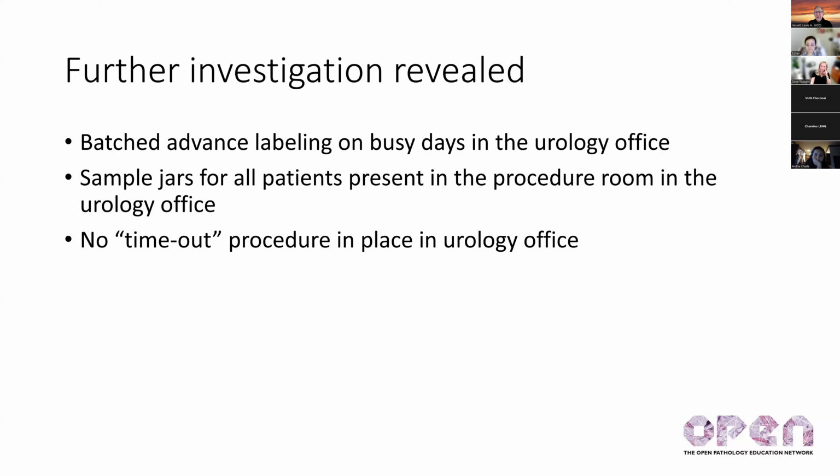And then, this is the second error, they only had one procedure room in that urologist's office. And so all of the sample jars for that day were put in that procedure room.